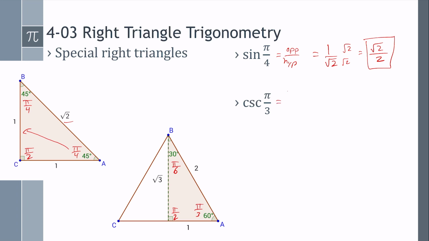Cosecant. Cosecant is the hypotenuse over the opposite. So from the pi over 3, the hypotenuse is 2, and the opposite is square root of 3. Have to rationalize that, so it's 2 square root of 3 over 3.